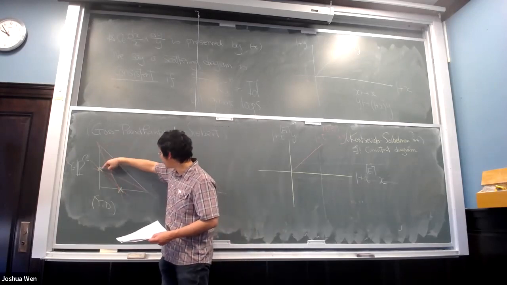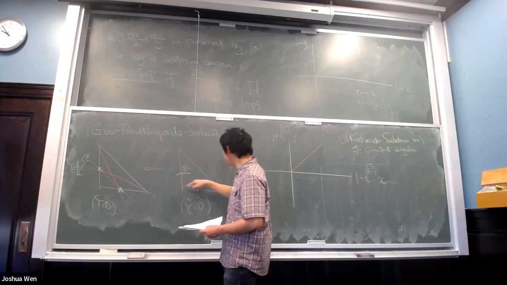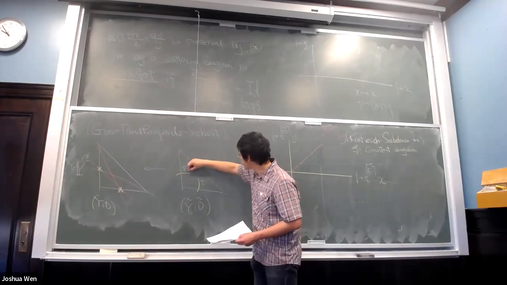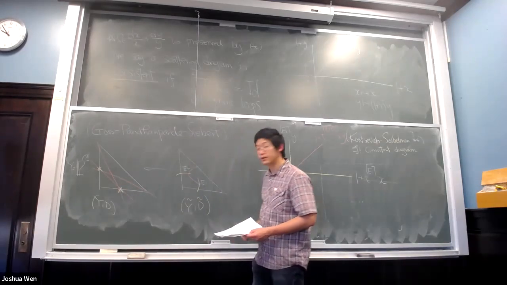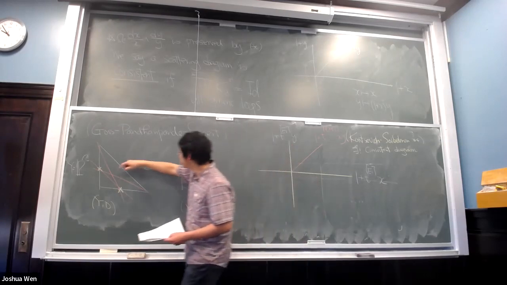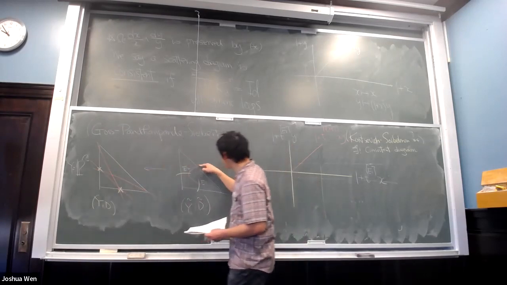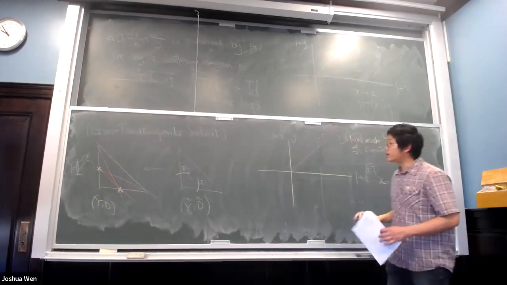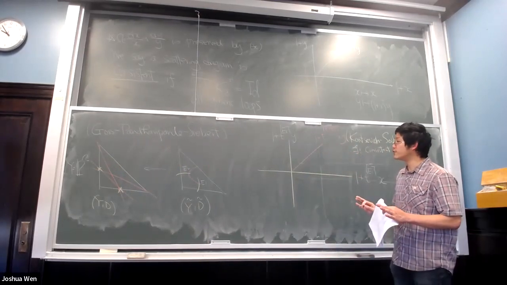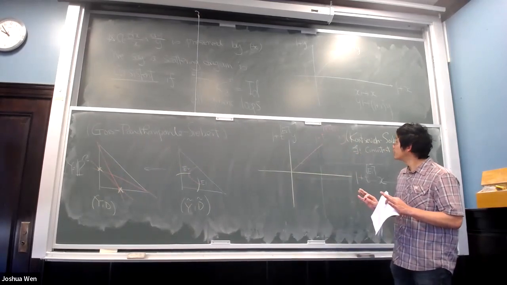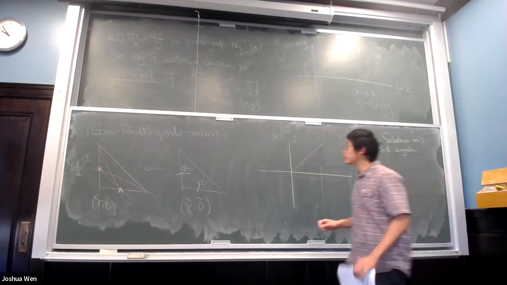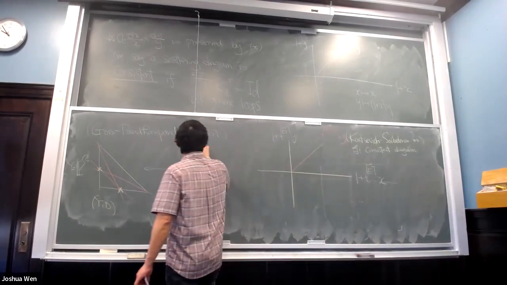After I blow up, I don't touch these 2 divisors, but they will touch. So there will be a curve like so. Now you see that there are 5 A1 curves in this geometry.